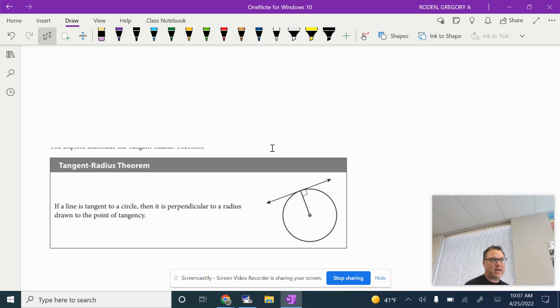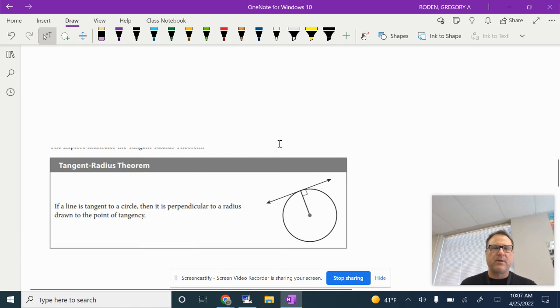So when you get a right angle, you should be very excited, because you can now get a right triangle if necessary. Don't underestimate perpendicular. It's a huge concept.